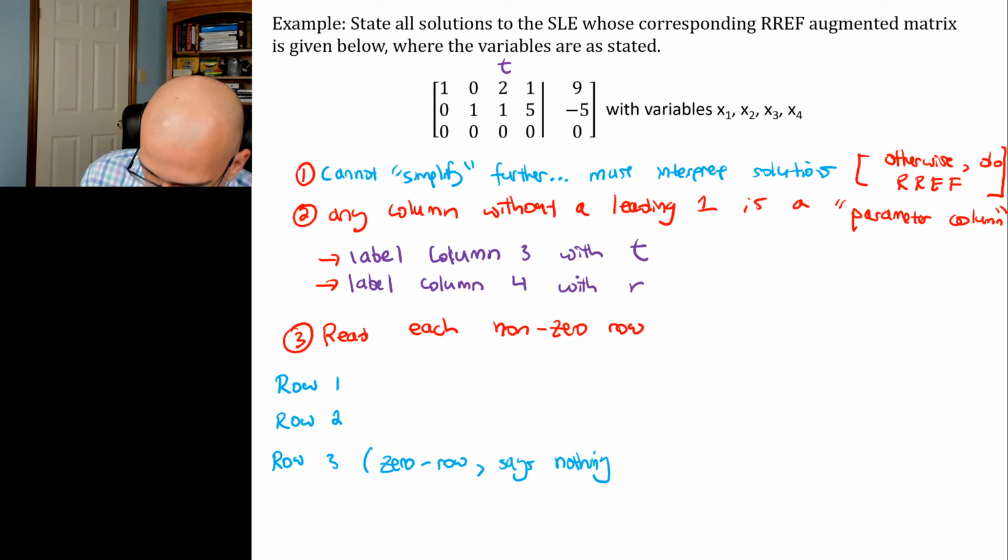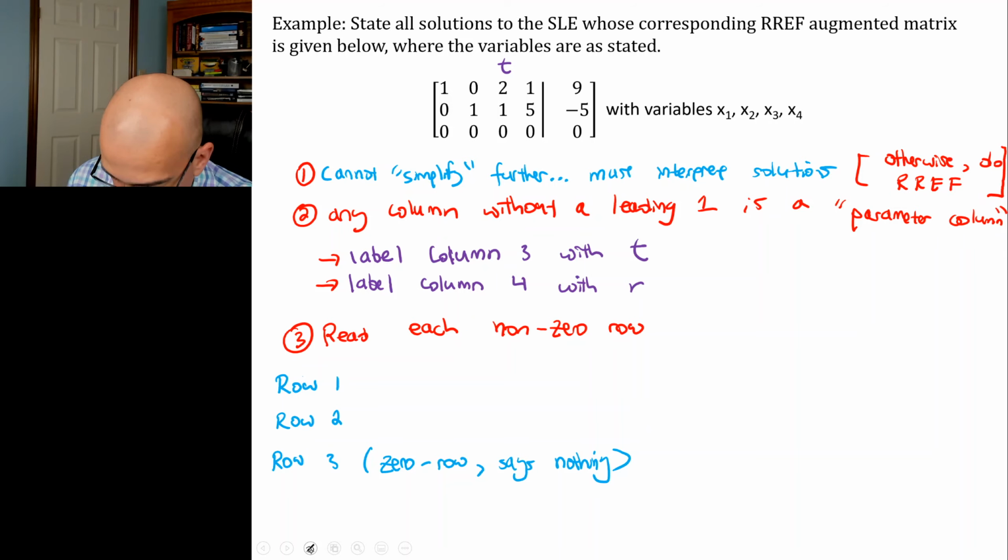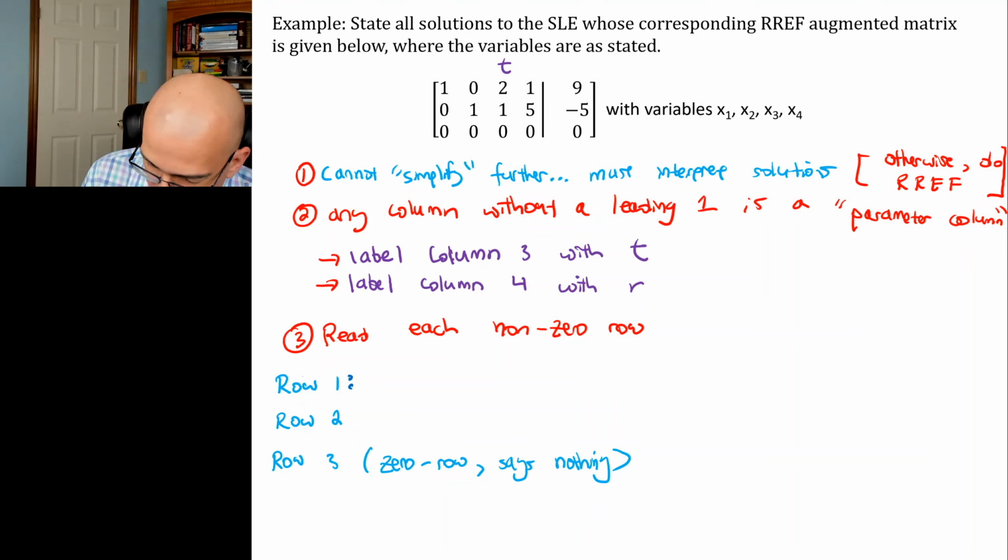There's no useful information contained in row 3, but row 1 and 2 are containing useful information. Row 1 says the following. It says that x1 plus 0x2 plus 2 times x3 plus x4 is equal to 9.